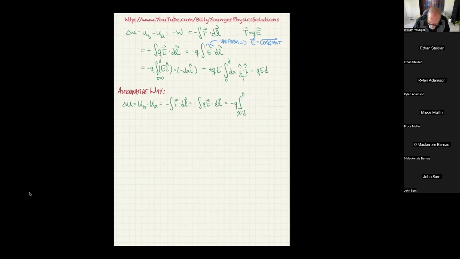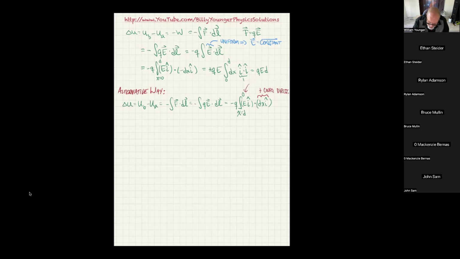And the electric field is just going to be E, or excuse me, I'll take off that little vector symbol, E times i hat because it points to the right. And then I'm going to dot this with just dx i hat like that because this is the positive coordinate direction. So that's why that one's that way.